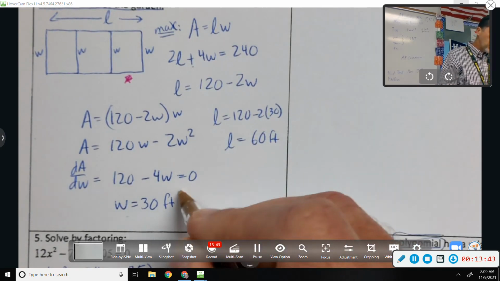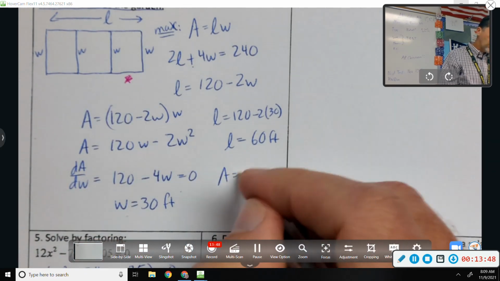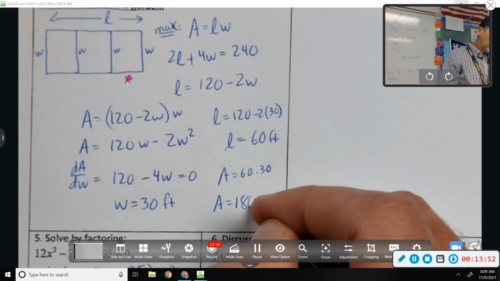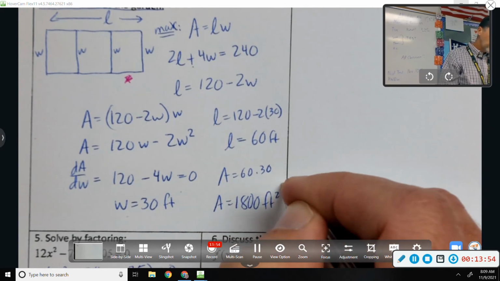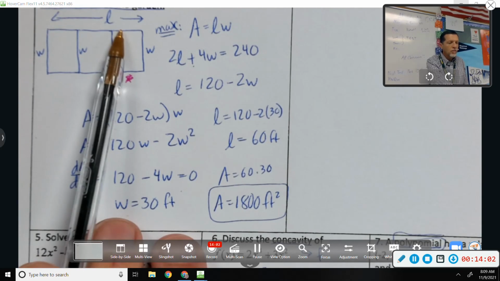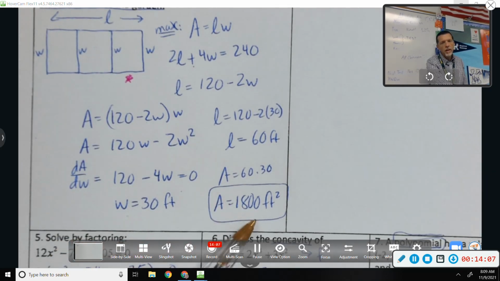My length is the full length, so area is 60 times 30. So yes, 1,800 square feet. If you look at the notes I posted, I set it up differently, so my L would have been 20, but I still would have had the same area.